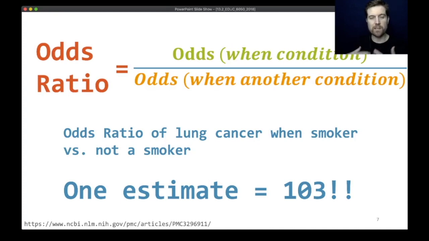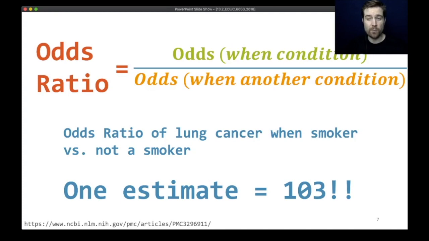So let's piece apart what that actually means. That means the top, we can just plug in the value that we have, is 103. That means the odds are really high when the condition holds, versus what happens on the bottom is, in this case, we could just put a 1 to make the odds ratio 103.